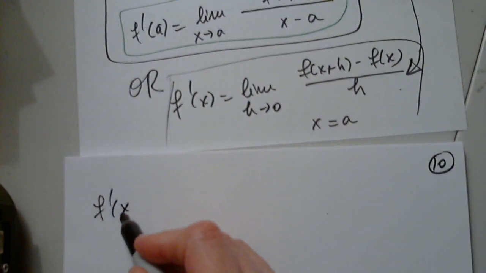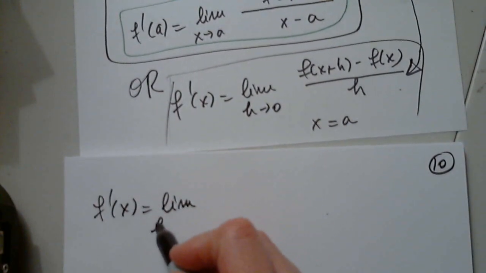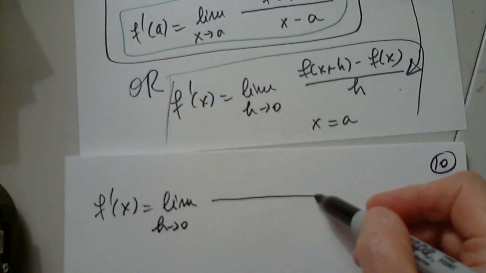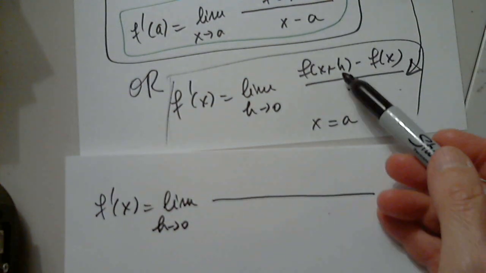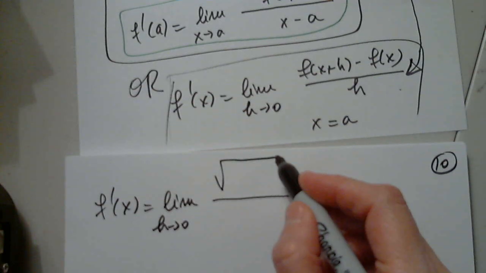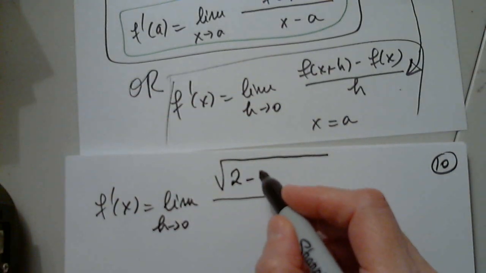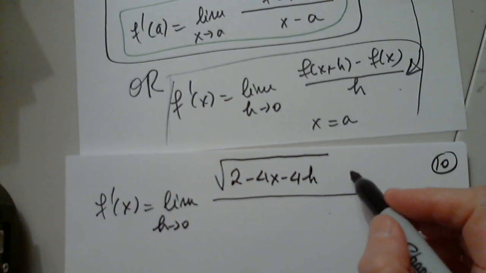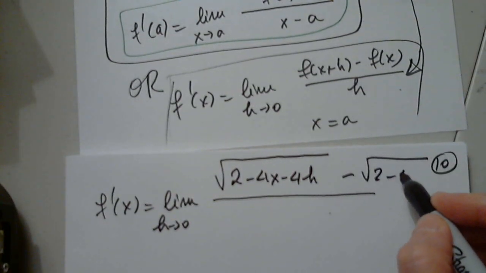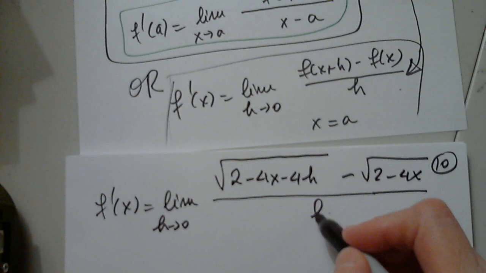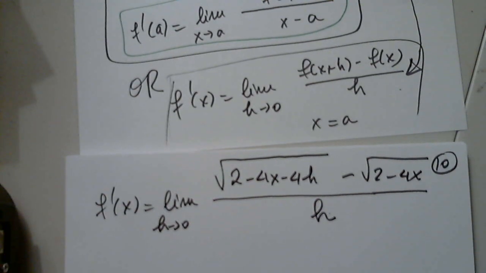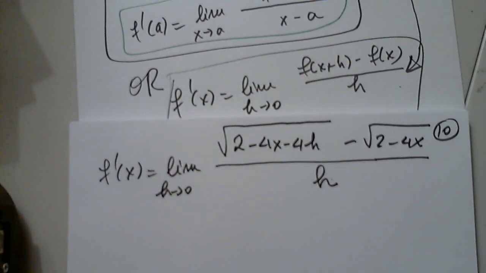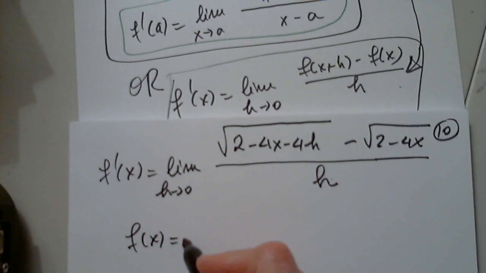So f prime of x equals the limit as h approaches 0 from f of x plus h. Careful how you plug in. It's the square root of 2 minus 4x minus 4h, and then minus the square root of 2 minus 4x, divided by h. If you have any difficulties with this, I recommend writing the function again.